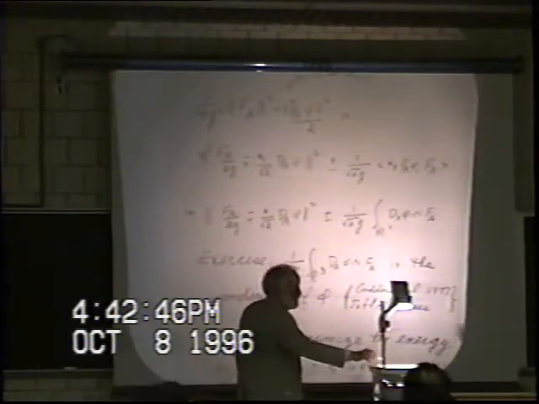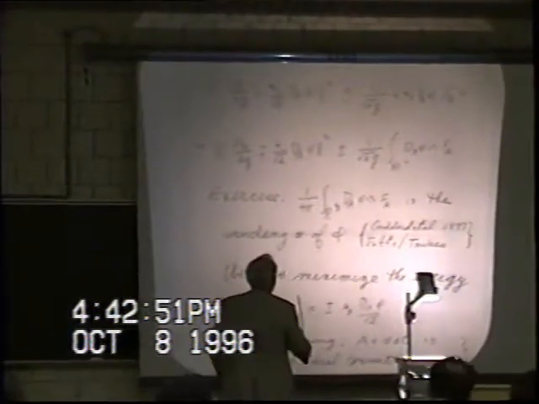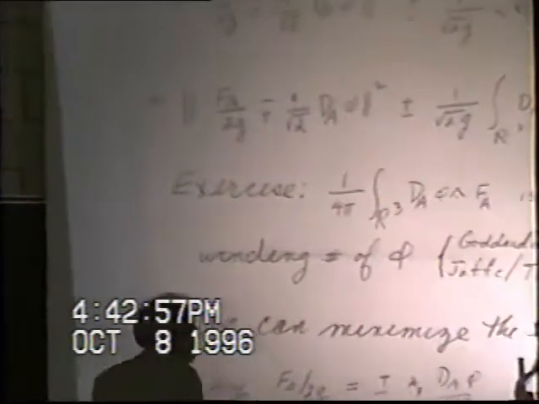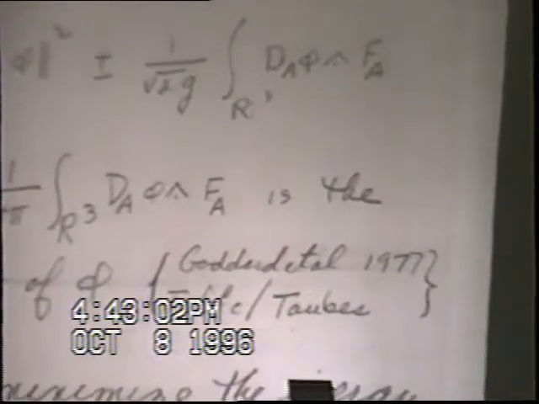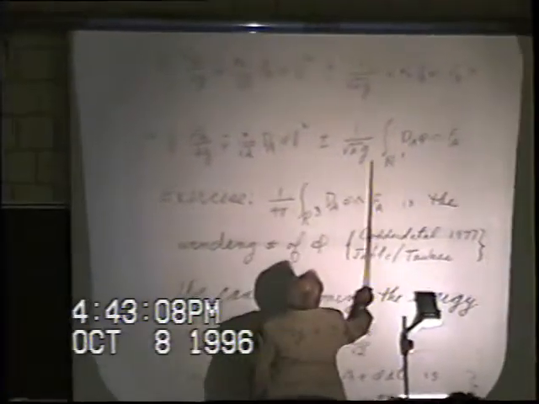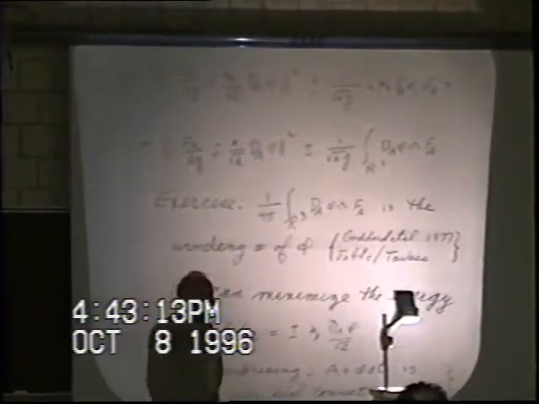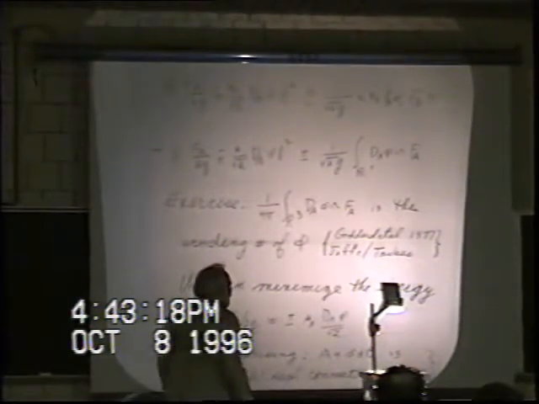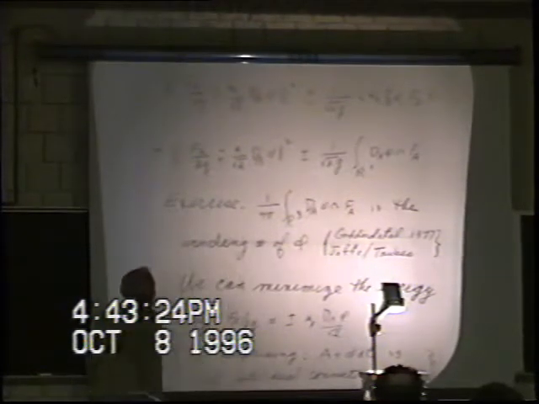Hard exercise is that this, in fact, is the winding number of phi. So we're in a very similar situation to what we had before, that the energy we're talking about is a non-negative quantity plus a topological quantity, except for that factor of G. That's where I said magnetic charge will be some multiple with the coefficient, which will involve 1 over G times the winding number.